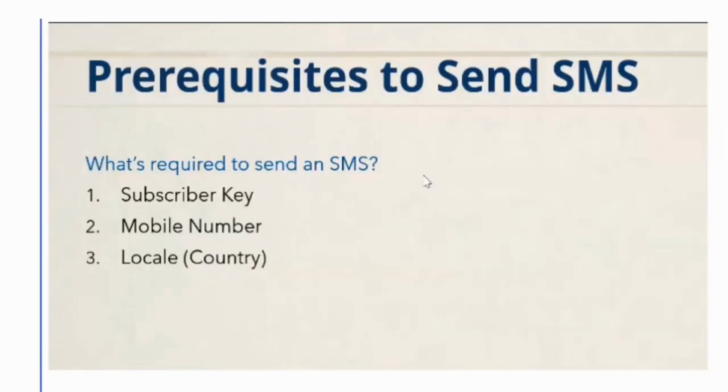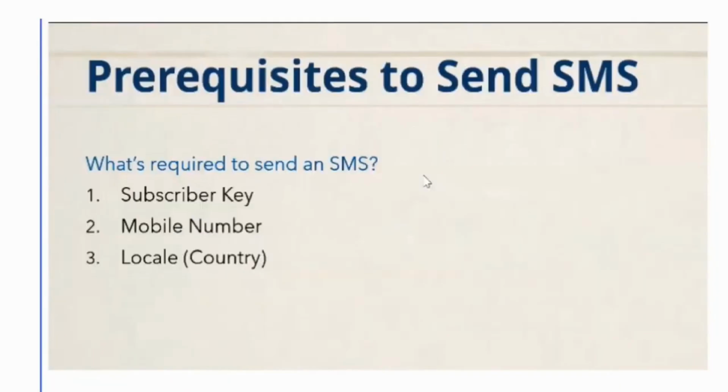It will treat it as normal text, and as it can't recognize it, it won't send any emails to that customer. So the system should understand whether you are going to send SMS or emails, and the value should be defined with the appropriate data type. So the second prerequisite for sending SMS is mobile number with phone data type.